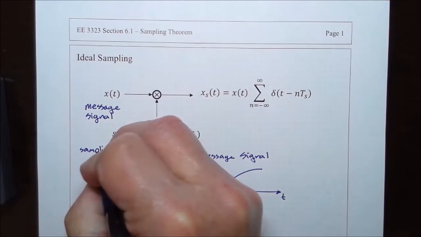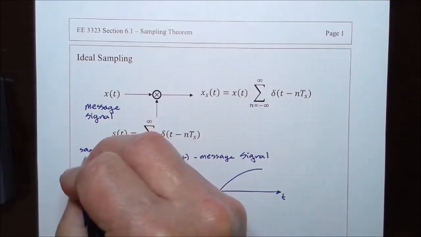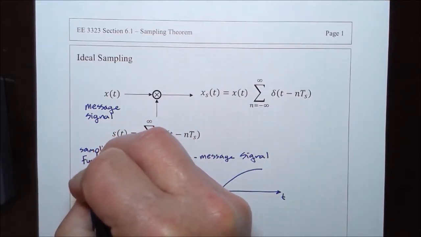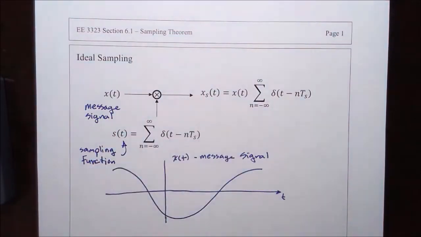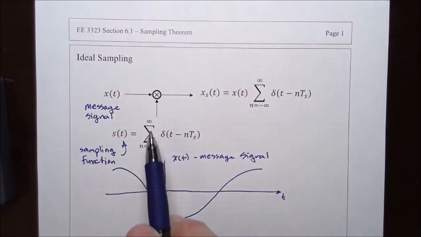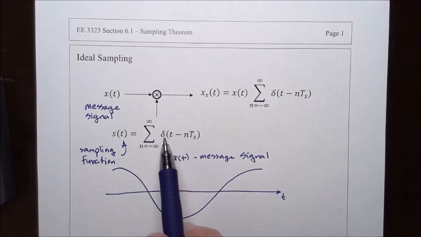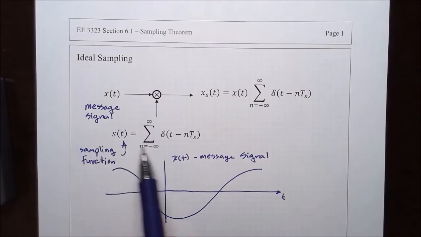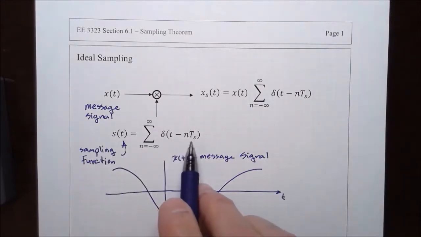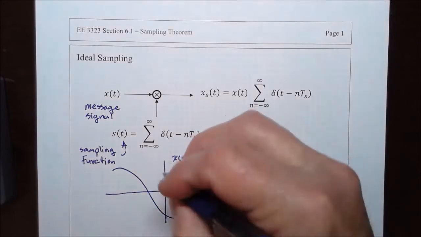This is the sampling function, the sampling signal. It is a summation of time-shifted delta functions. So this is a train of delta functions that occur with sampling period t sub s.